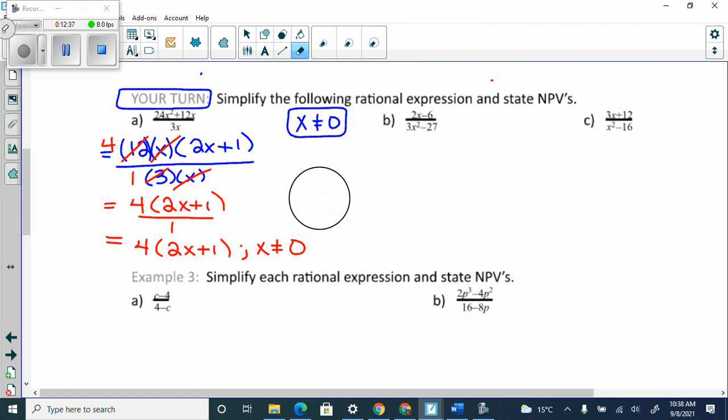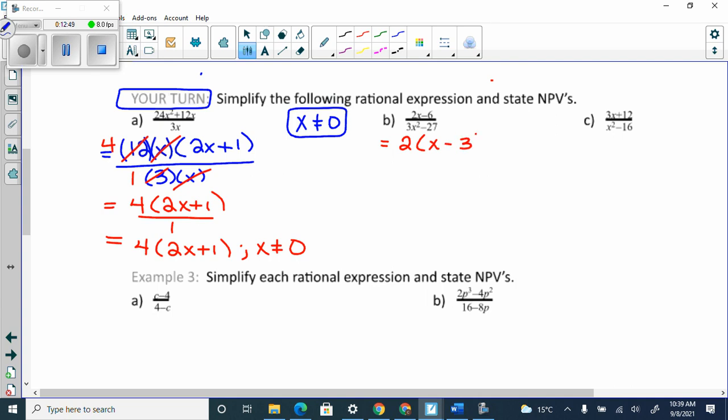All right. When we look at the top, what can we take out? A 2. And then we're left with x minus 3 because we're dividing it. 2x divided by 2 is x. Negative 6 divided by 2 is negative 3. And the 2 can go in its own brackets because it's just sitting out front. Then the denominator, what can I take out?